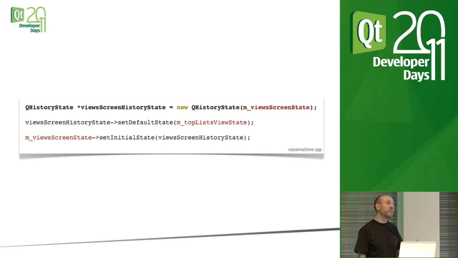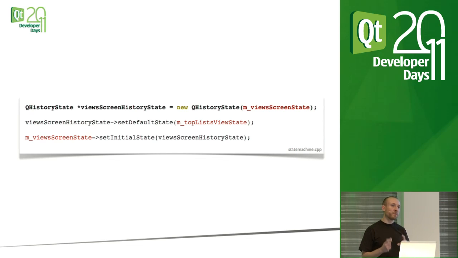Another very handy feature with the QState machine is the history state. This is a lifesaver. I hear some people agree. The thing is that, say you're in the view that had the 3 tabs, and you click on one of the tracks.